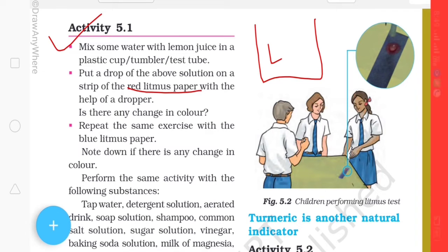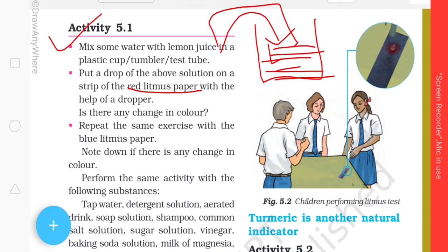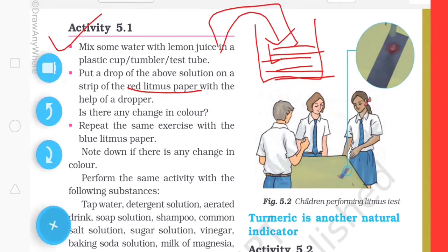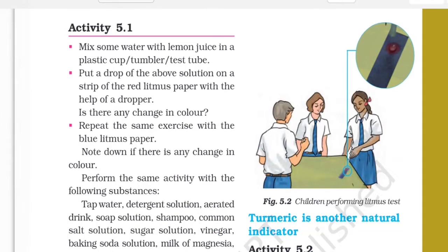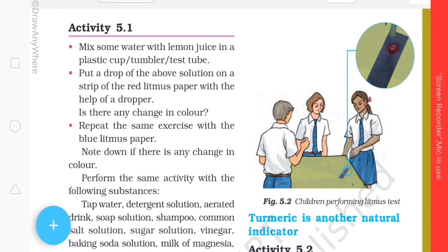If we dip this red litmus paper a little bit in the lemon juice, will the red litmus paper change its color? We will see that the red litmus paper will not change its color. It will remain as it is, that is red.